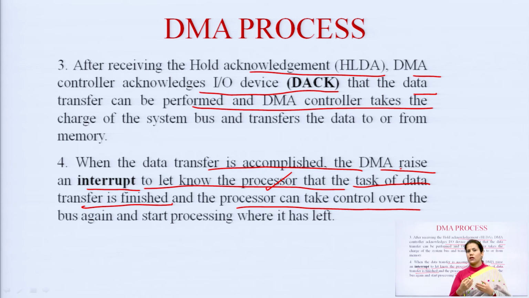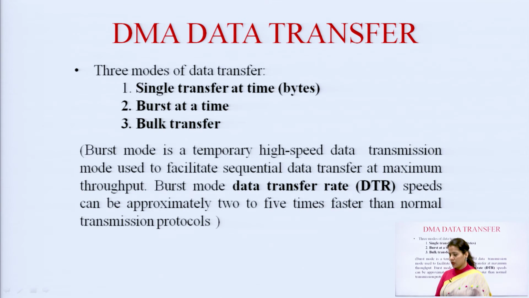So, after receiving the acknowledgement signal, the memory access operation is performed and finally the DMA will raise an interrupt to let the processor know that yes, we have done our job and now you can take the control of the buses back. So, this whole operation is being done in the DMA process. This is what is happening in DMA.